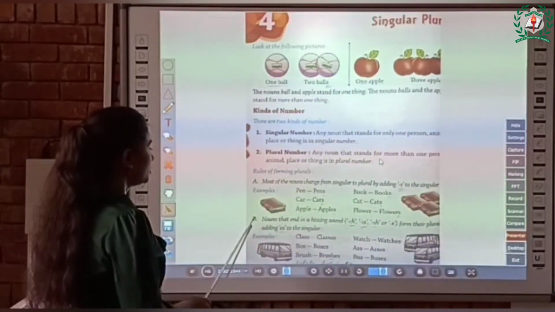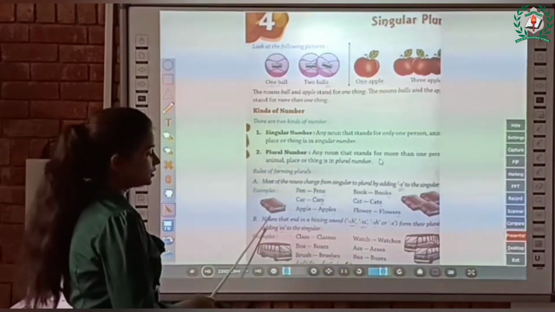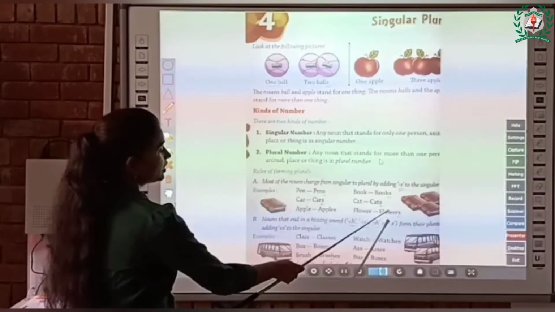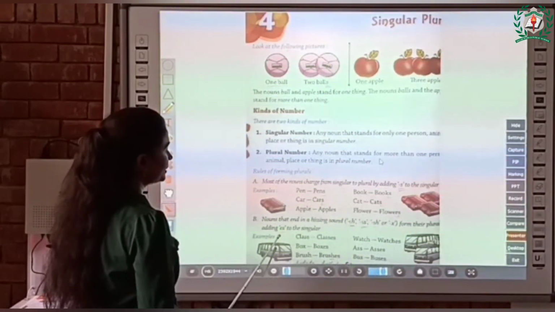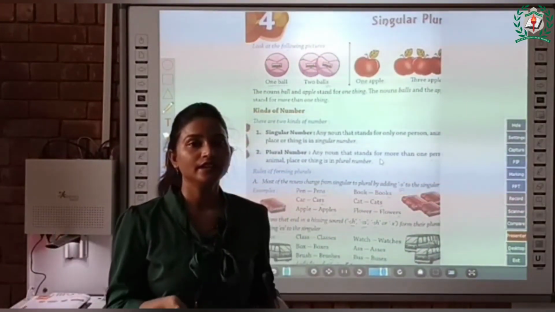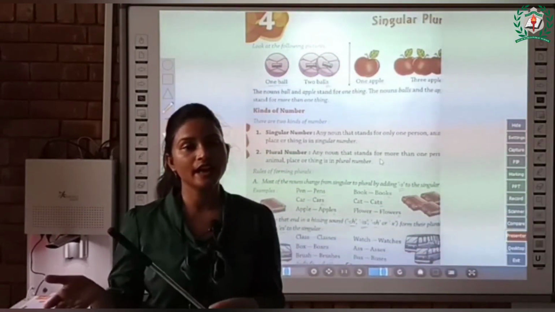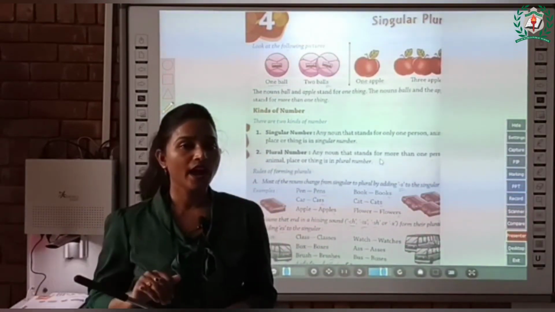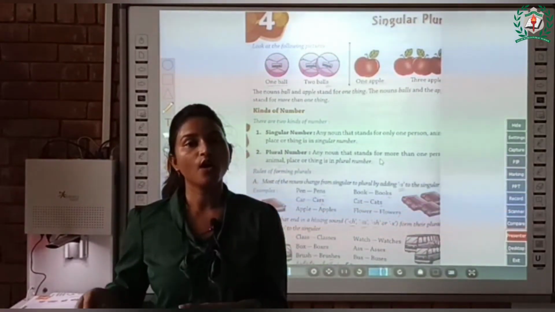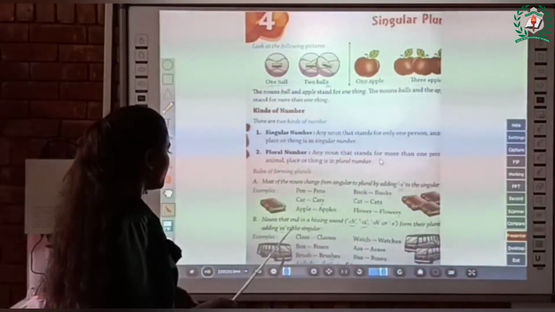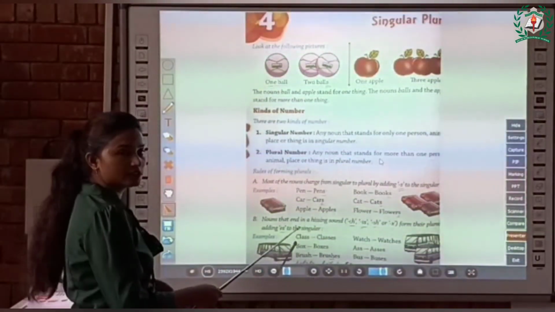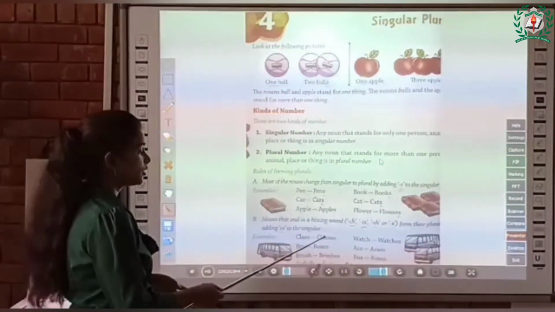So children, look at rule number 2. Nouns that end in a hissing sound, ch, ss, sh or x, form their plural by adding es to the singular. So children, for nouns that end in ch, ss, sh or x, we add the letters es to the end of the noun. For example, class. How will you change this singular naming word into plural form?